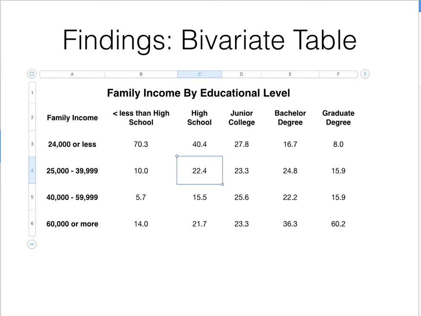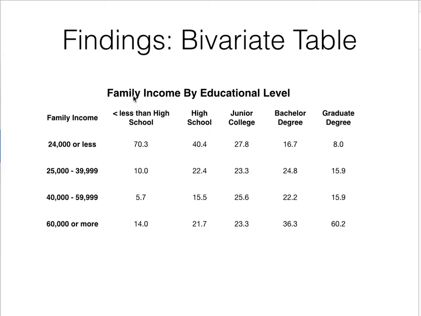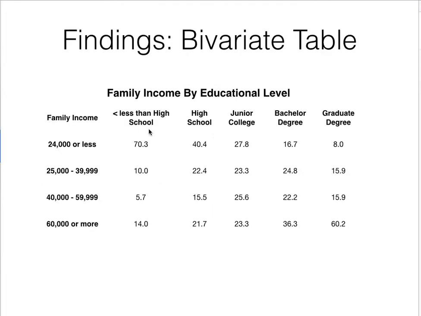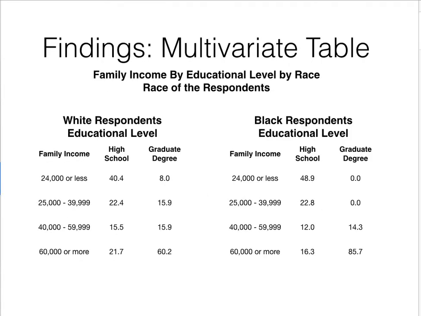Once you have it drawn once for your bivariate table, you can just copy it and paste it, and then you'll have one little short table for each of your control groups. And if you remember in the previous video presentation, it says sometimes you do have to eliminate some of your variable values to be a little bit more concise.